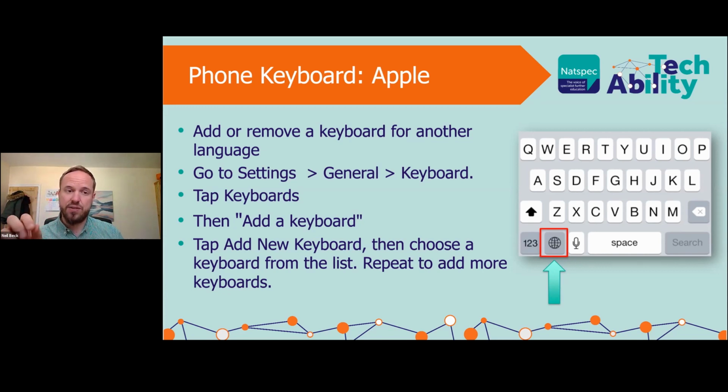If it isn't, you can go to Settings, then General, then Keyboard and change it there. If you tap Keyboards, you can add a new keyboard and then choose one from the list. That'll give you a list of all the different languages that are supported. And then once you're back in the keyboard, when you tap that world symbol, you can switch between the different keyboards. So that's on Apple.